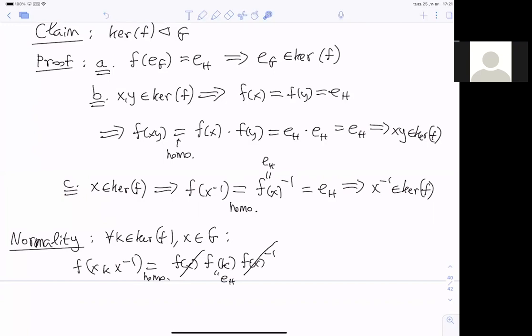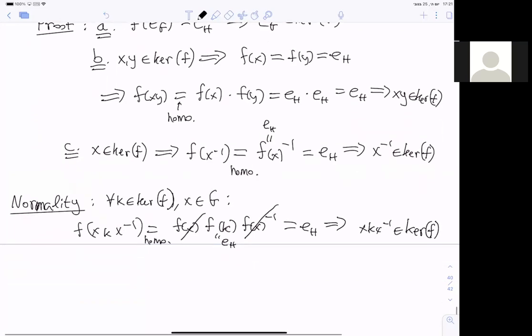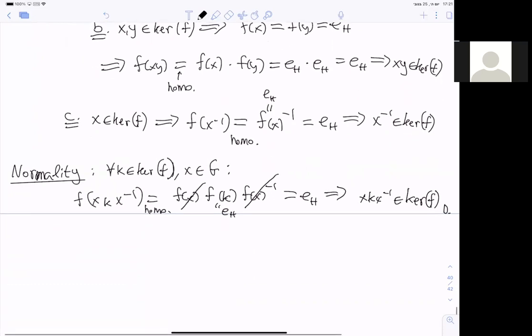I mean, the middle should not be e, because this is a general element of G, but they are being reduced one with itself. So it is e_H. So x k x minus 1 also belongs to the kernel. Okay, so we have finished our proof. It is also normal. Any kernel of a homomorphism is a normal subgroup. Okay, this is the first claim.